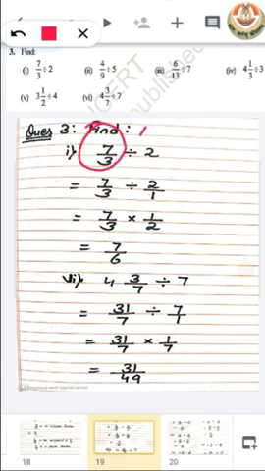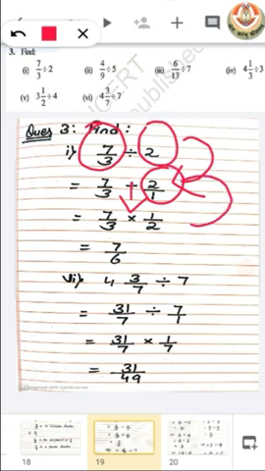For this, we first convert the whole number into a fraction by putting 1 in its denominator. Then we put the multiplication sign in place of division, and in the same step we convert the divisor into its reciprocal. Now we have two fractions for simple multiplication and we get the answer 7 by 6.